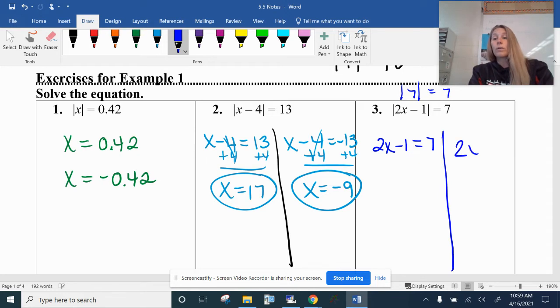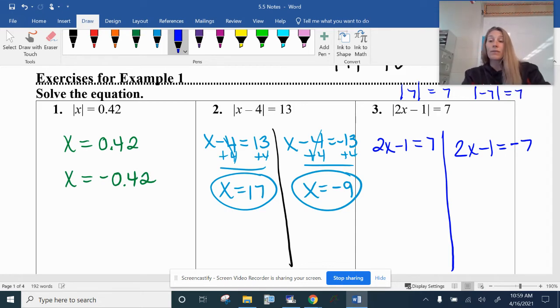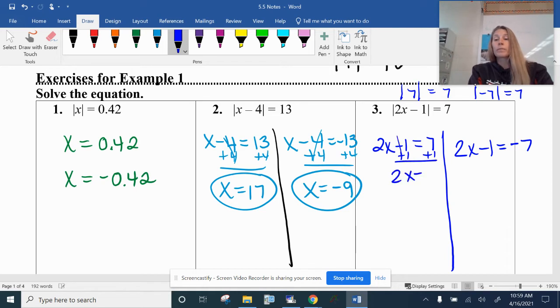However, the 2x minus 1 could also be equal to negative 7 because the absolute value of negative 7 also equals 7. So then we would just solve from there, adding the 1, 2x equals 8.